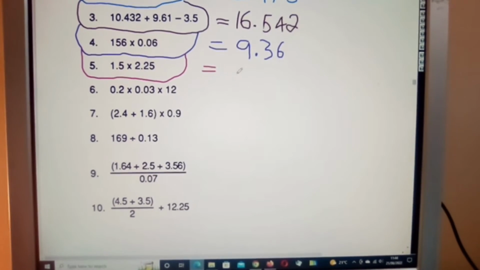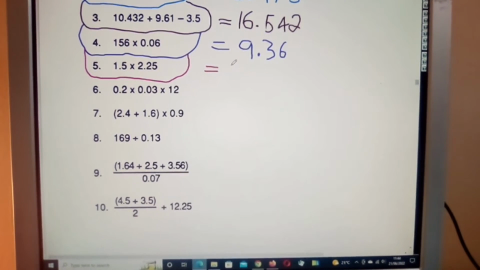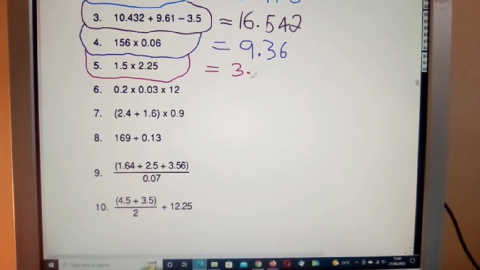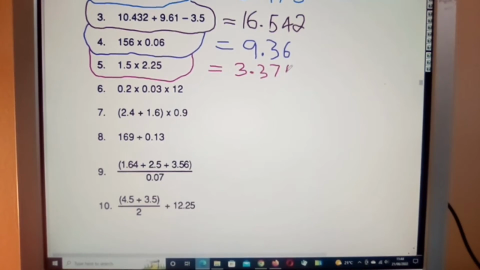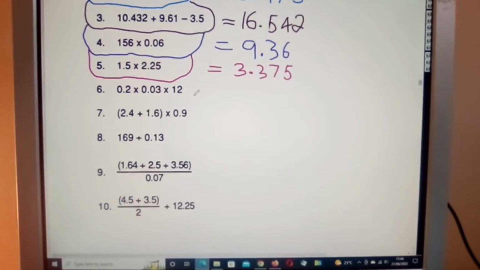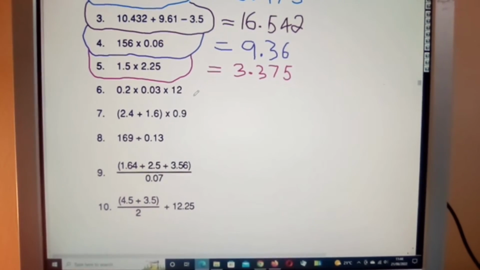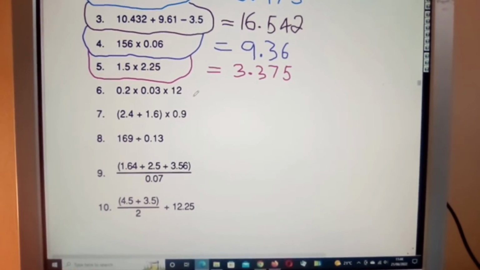That is equal to 3.375. And again, do this for yourself. Make sure that they work out correctly.